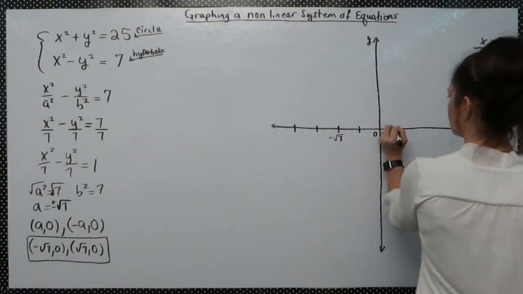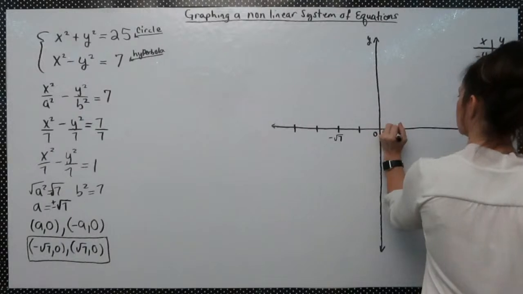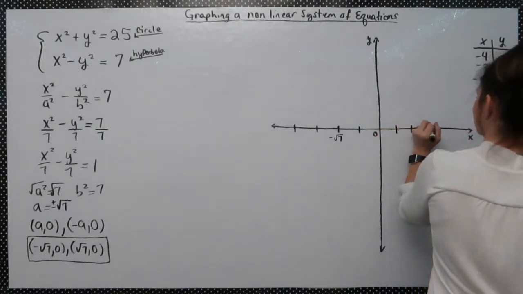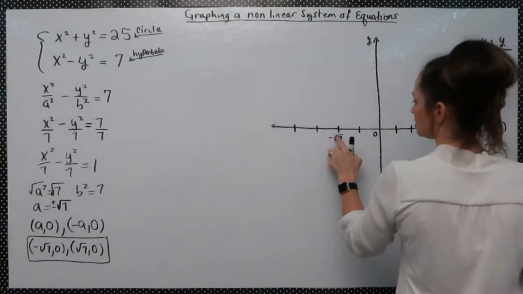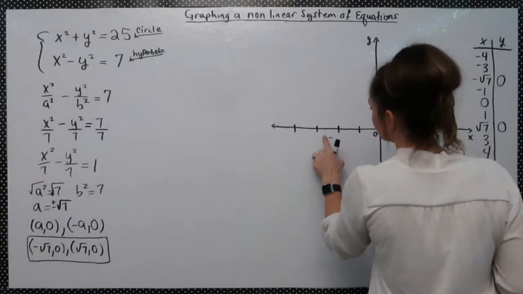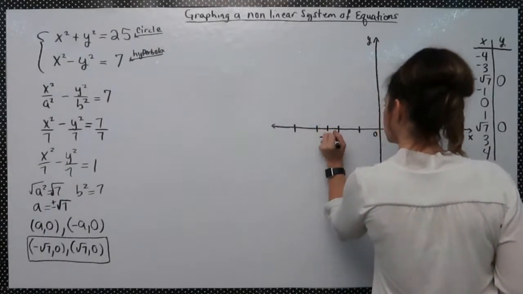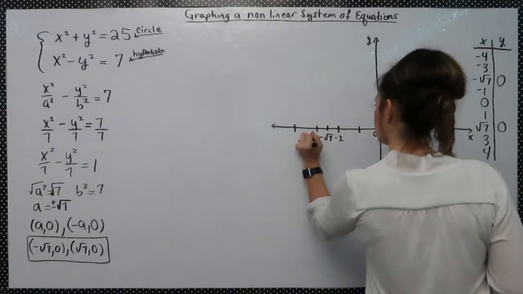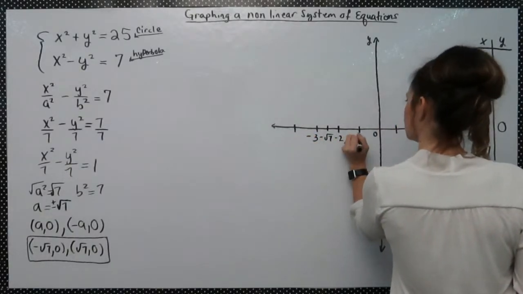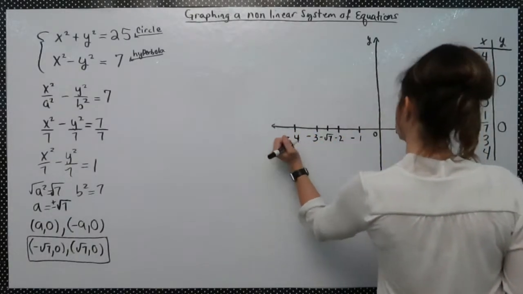And we've got positive radical 7 in here. And it's just not going to be exact. We'll do it legitimate. This is negative radical 7 because that's -2, -3, -1, -4. That looks a little bit better.